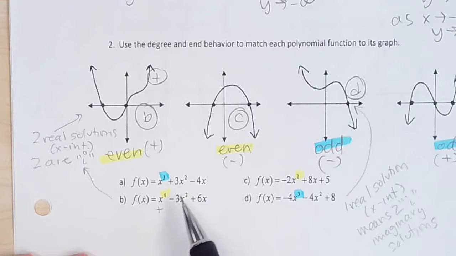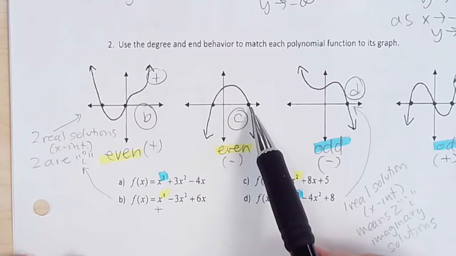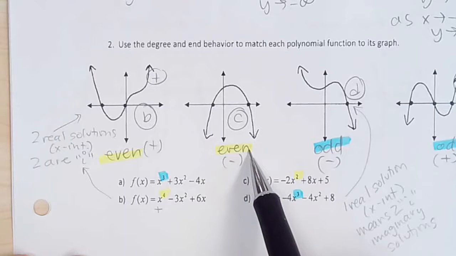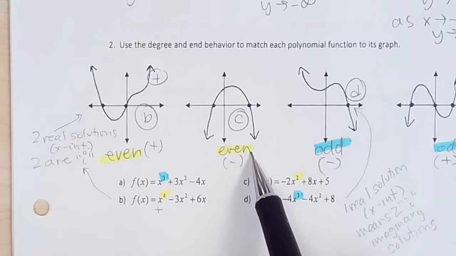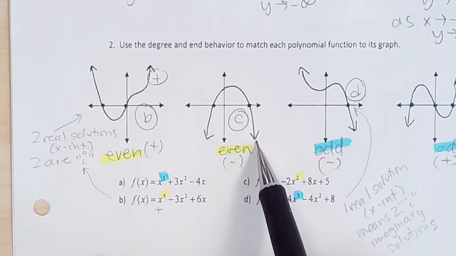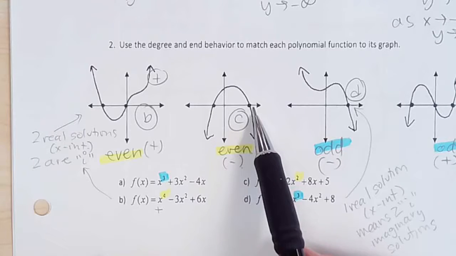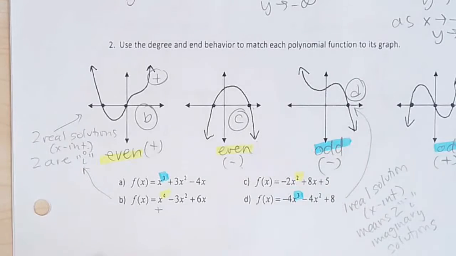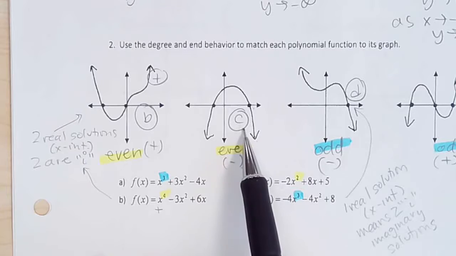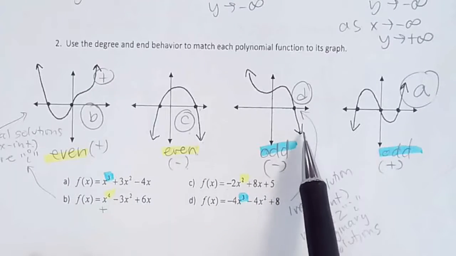The next one over is down and down, so that's again an even degree. It is negative because of the down. There are two intercepts, which could be different multiplicity there, but anyway, even degree was also C, and that matches with the negative, so this is graph's equation C. The next graph over is down on the right, up on the left.